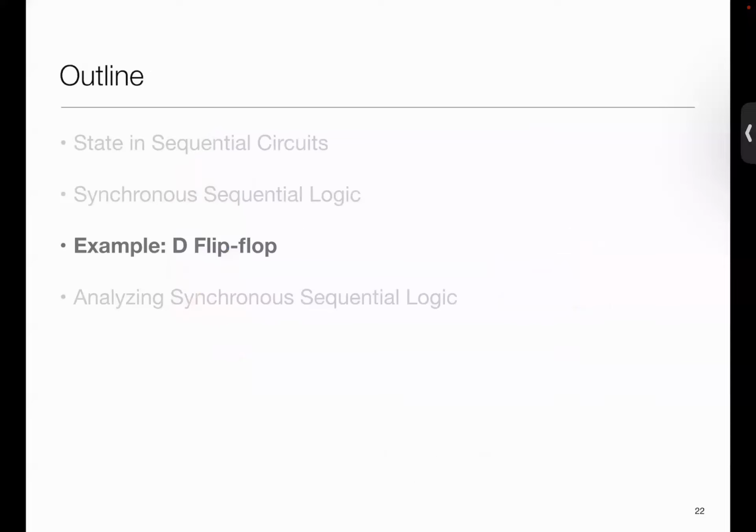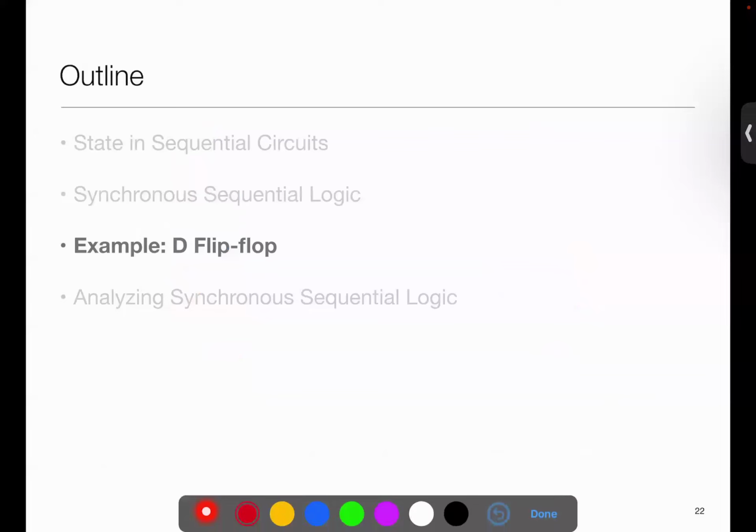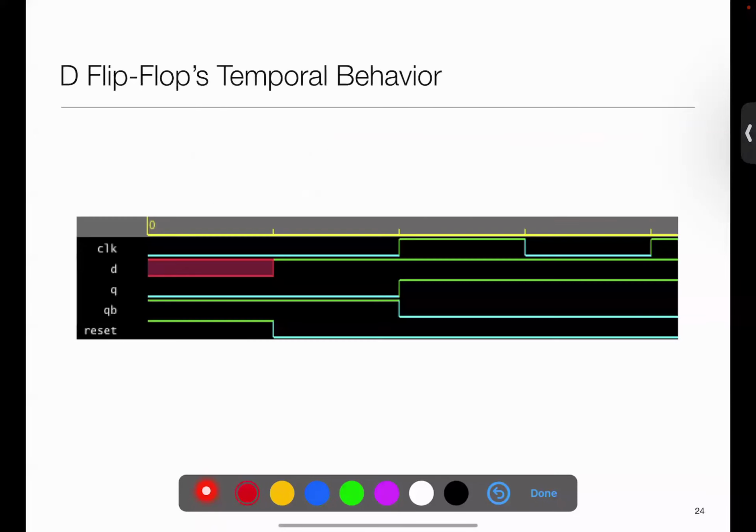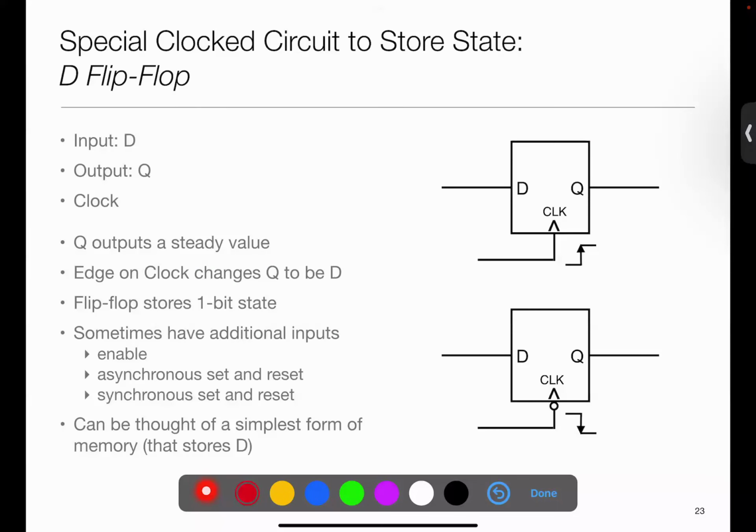Now let's look at probably the simplest sequential circuit, just the state itself, and that is the D flip-flop. A D flip-flop is a special clocked circuit which lets us store one bit of state.